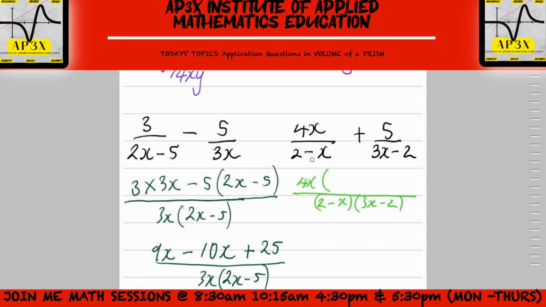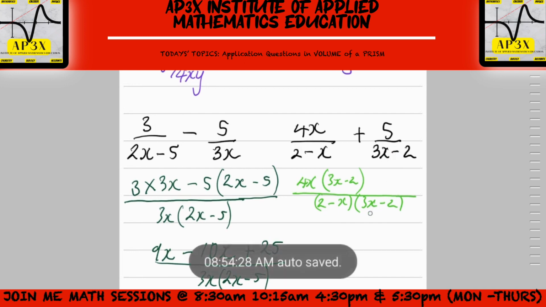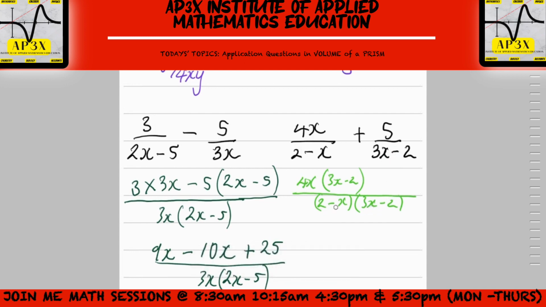This 4x at the top comes down on the line, and then because what is left is 3x minus 2, that goes right here. Okay, and then obviously 3x minus 2 cancels 3x minus 2, leaves us with 2 minus x, but it's a binomial, so it goes just after the numerical value that is at the top here. This 5 comes down on the line and goes, say here, 2 minus x here.